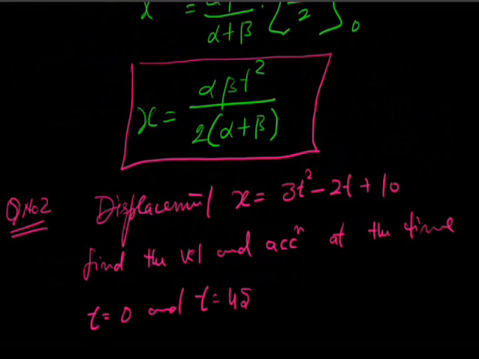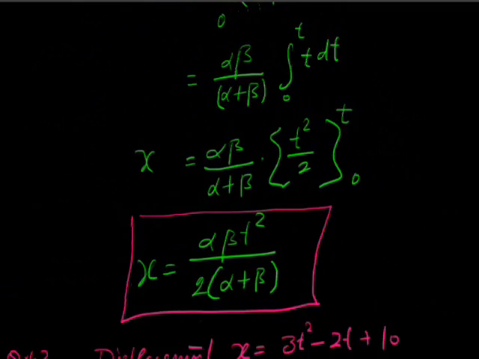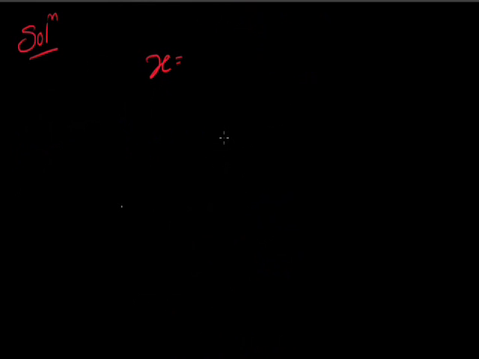So solution: we know that x is given by 3t square minus 2t plus 10, and we have to find the velocity and acceleration at t equal to 0 and t equal to 4.